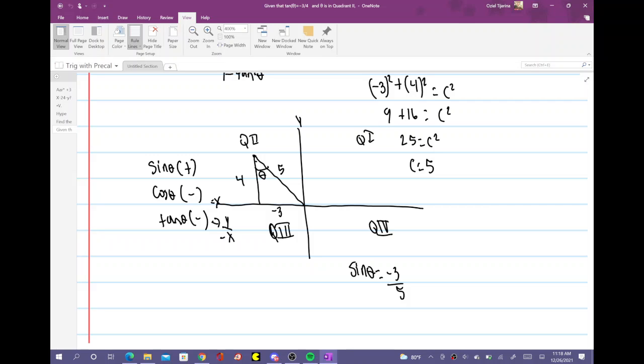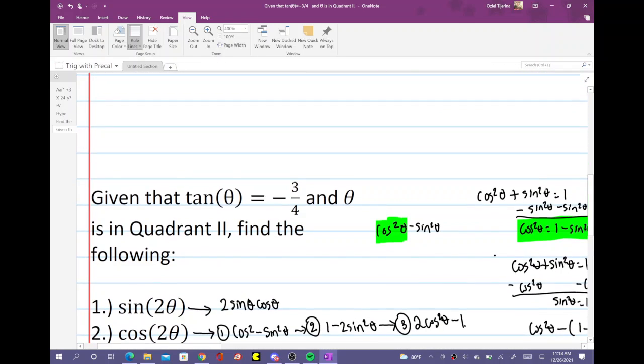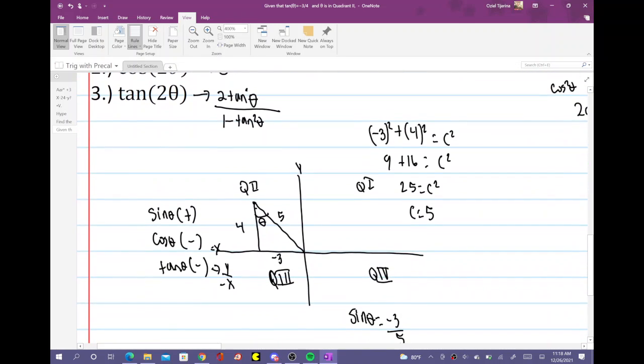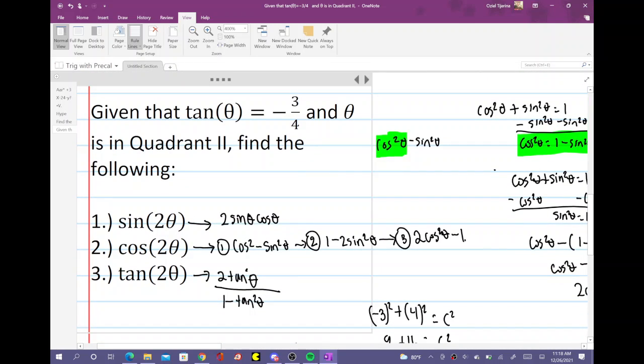What you do have to know is that sine is opposite over hypotenuse. The problem gave us negative 3 over 4, and it's in quadrant 2, I believe.